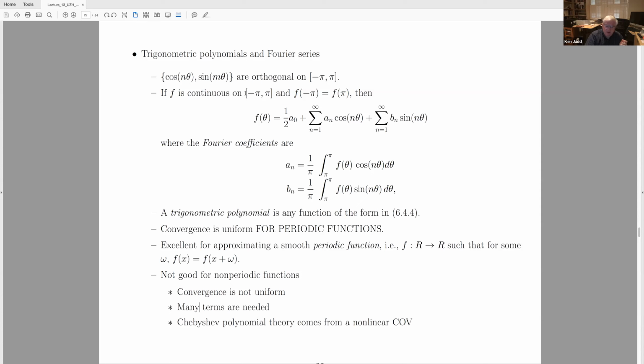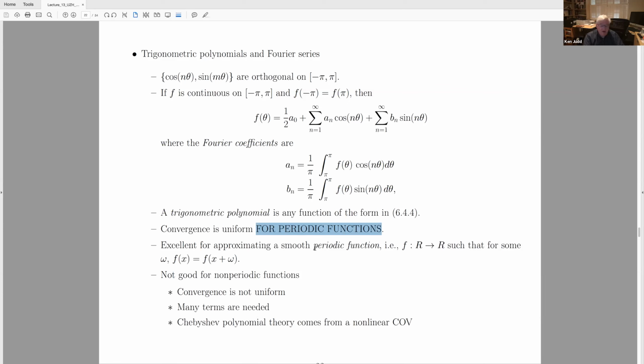Now, if you have a function that is continuous on -pi to pi and it's periodic, in the sense that f at the left point equals f at the right point, then this is a Fourier expansion of the function f of theta. The Fourier coefficients equal this, which is again basically nothing more than regressing f on the various trigonometric functions. And furthermore, the convergence of this approximation is uniform over -pi to pi. But again, remember that this is only for periodic functions.